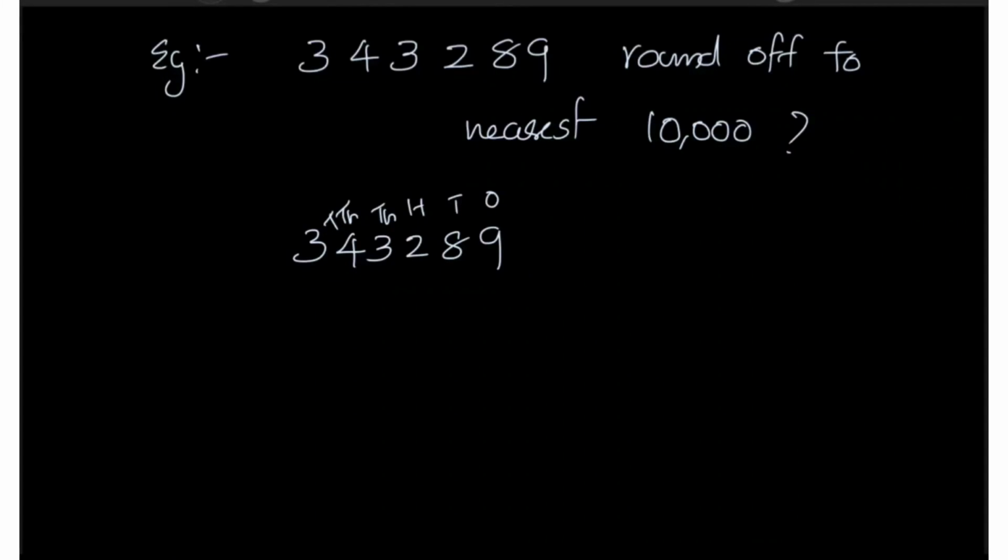So in order to round off to the 10,000 place, check the 1000 place, that is 3, and it is less than 5. So no change in the 10,000 place. So we can rewrite the same as like this. Left side is written as itself, then there is no change in the 10,000 place because the 1000 place value is less than 5. So we can rewrite the 10,000 place as itself.